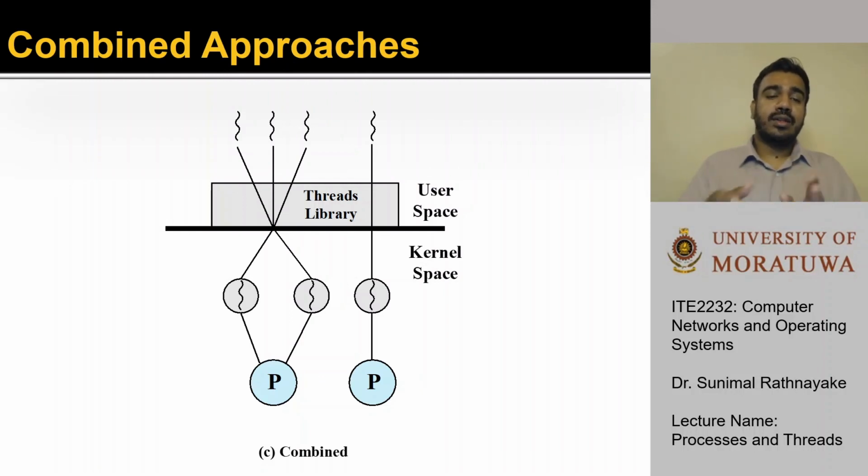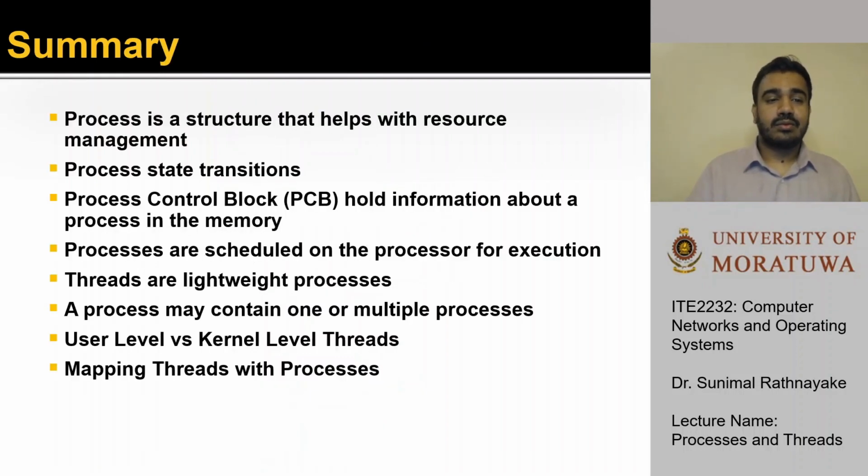In this example, you have 3 thread library threads that are mapped to 2 kernel threads, and we have 1 user space thread which is directly mapped to 1 kernel space thread. So it's a combined or hybrid approach. This kind of hybrid approach is well used in today's systems instead of going for pure kernel or pure user level threads.